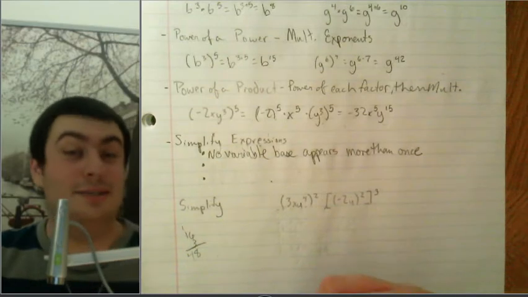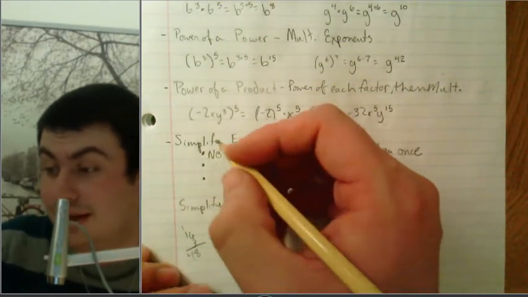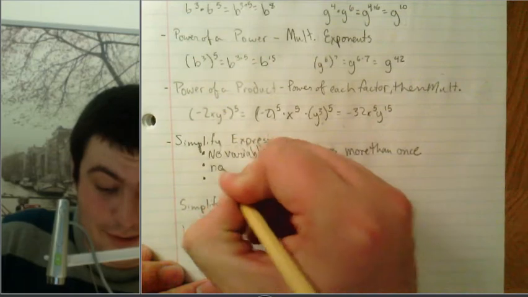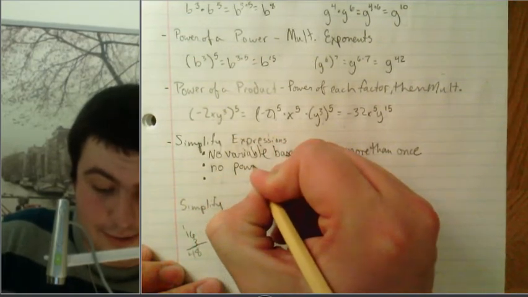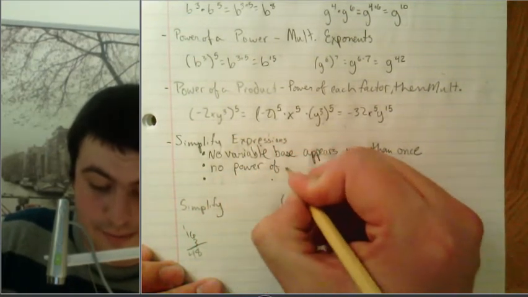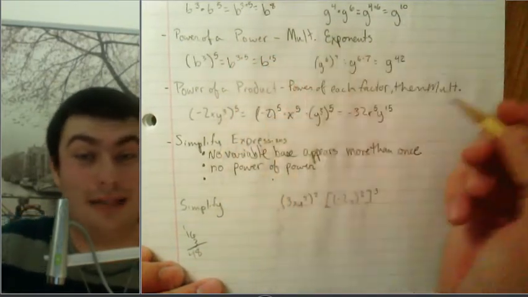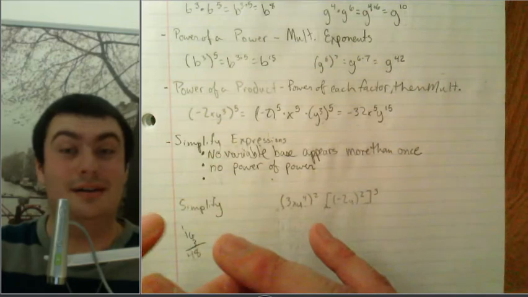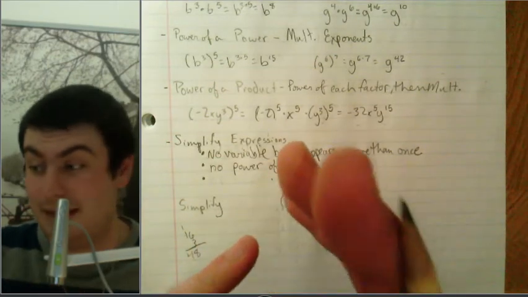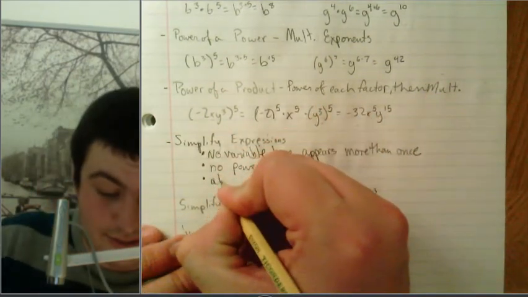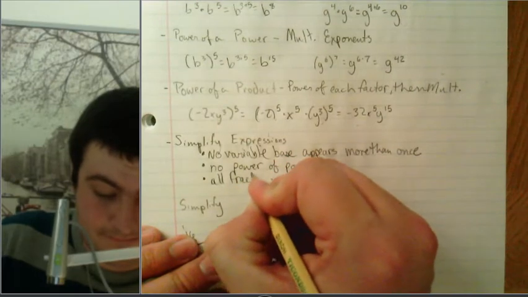Our expressions are most simplified when there's no power of a power left. All of our exponents are just one at a time. And all fractions are reduced, if applicable.